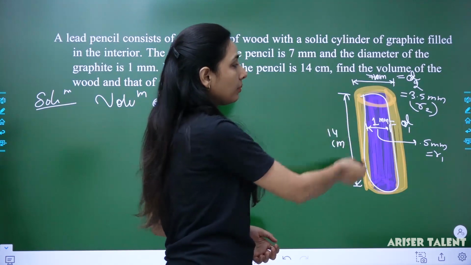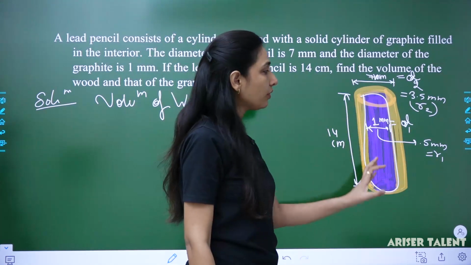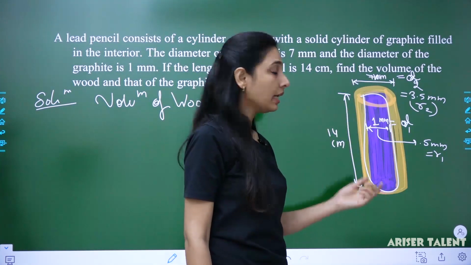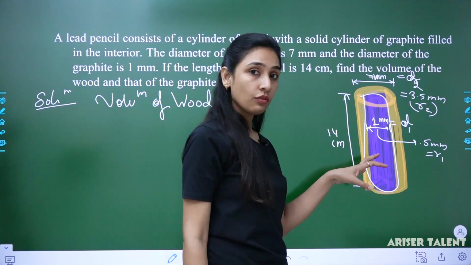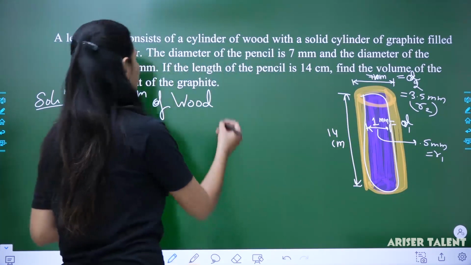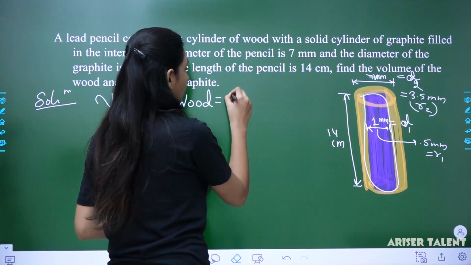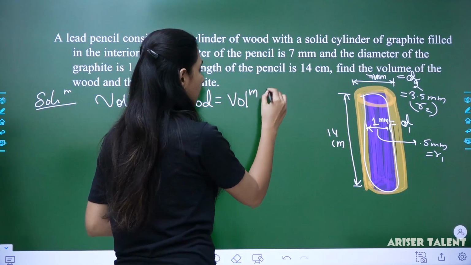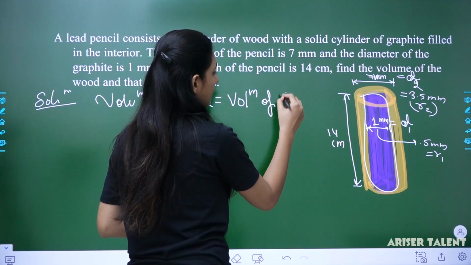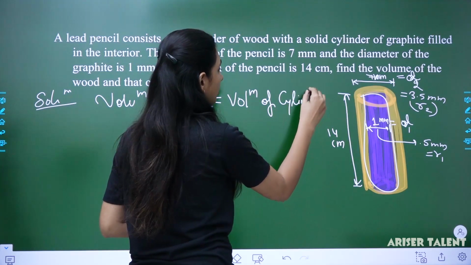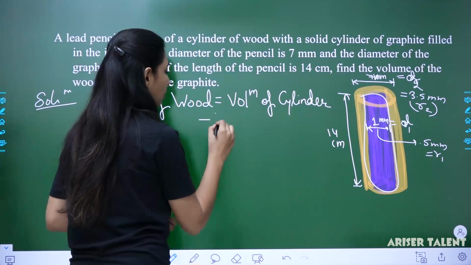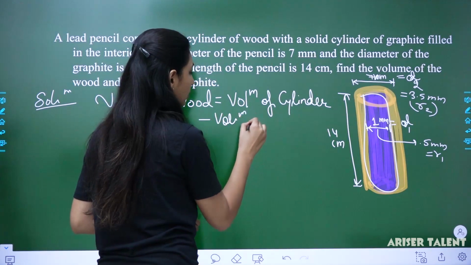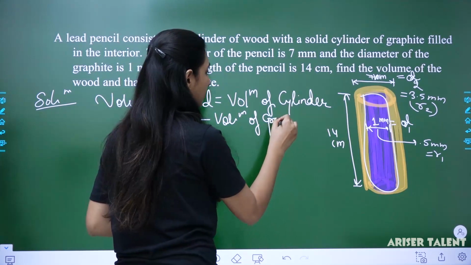If you deduct this volume of graphite from the complete volume, then you will be remaining with the volume of wood only. That will be volume of cylinder minus volume of graphite.